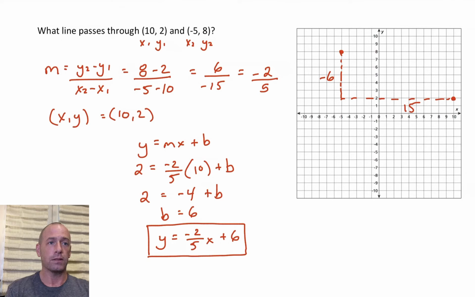Knowing that, I can plot some other points to zero in on the y-intercept, which again is 6. So by using the graph and using the information given, we're able to use the slope to find the y-intercept, just like we did with our algebra.